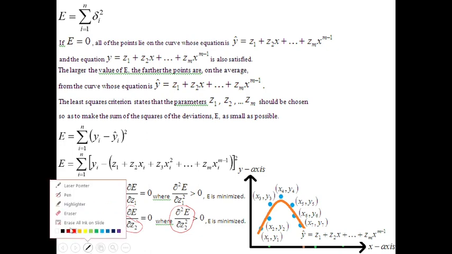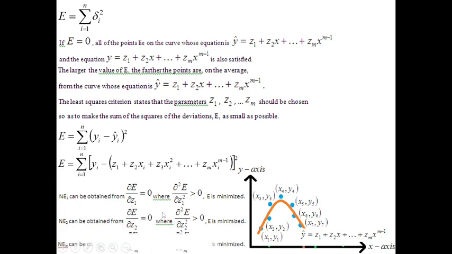Ito pang checking lang. Okay, kahit di nyo na ipakita yan, okay lang naman. Kasi understood na minimum siya, kahit with respect to any variable or to any parameter.